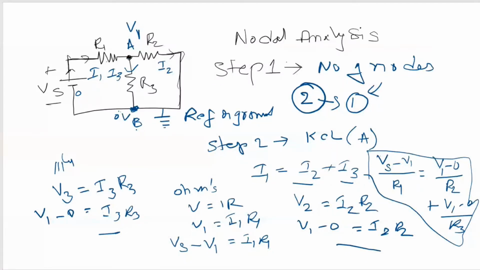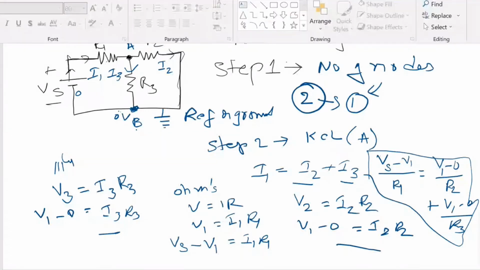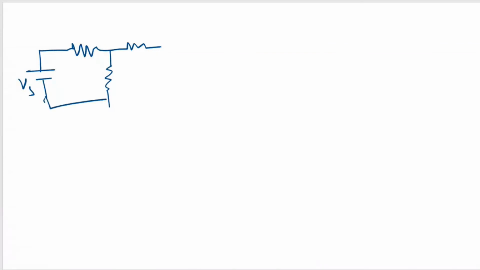From this, what we have observed is, suppose this is the network we considered earlier. What is the equation we have written? Suppose this is Vs, this is R1, this is R2, this is R3, and this is node A, which we have assumed as V1.